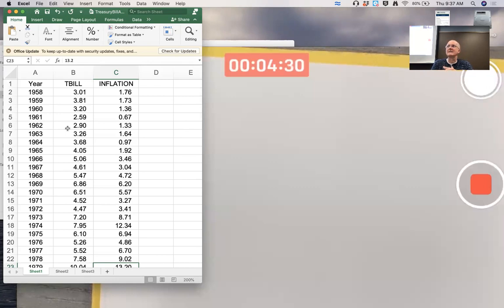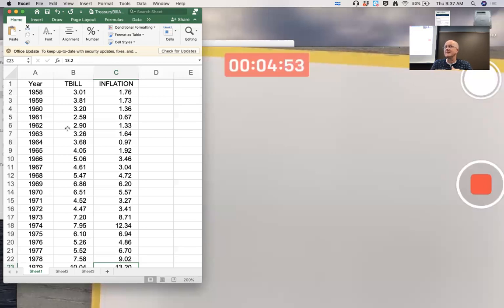However, in practice, if you're thinking about real life applications here, it makes the most sense to say, I'm an investor. I'm wondering if I should invest in treasury bills in these coming years. I have guesses about what I think inflation is going to do. So maybe I should try to use these data to predict treasury bill return when I know inflation.